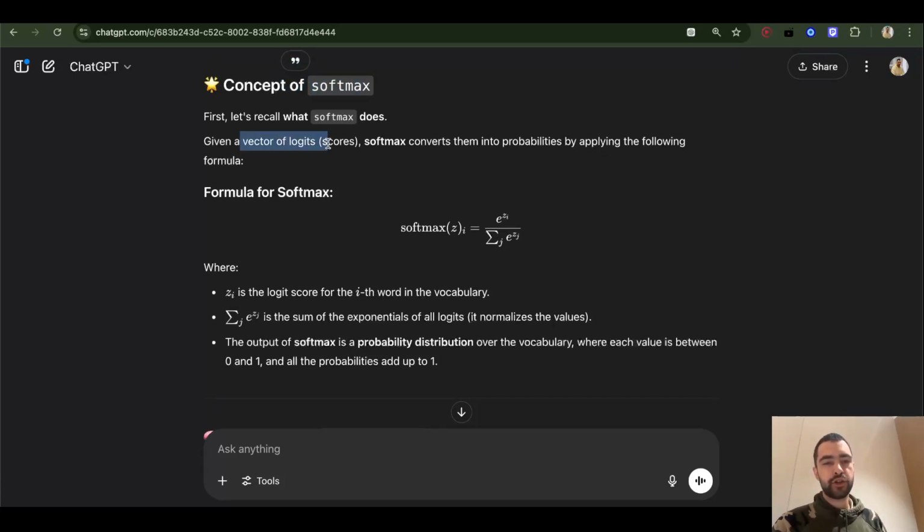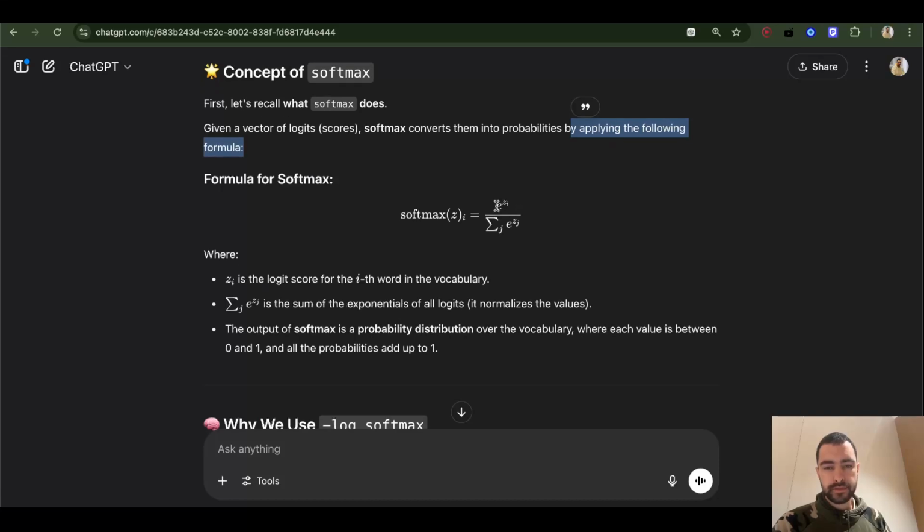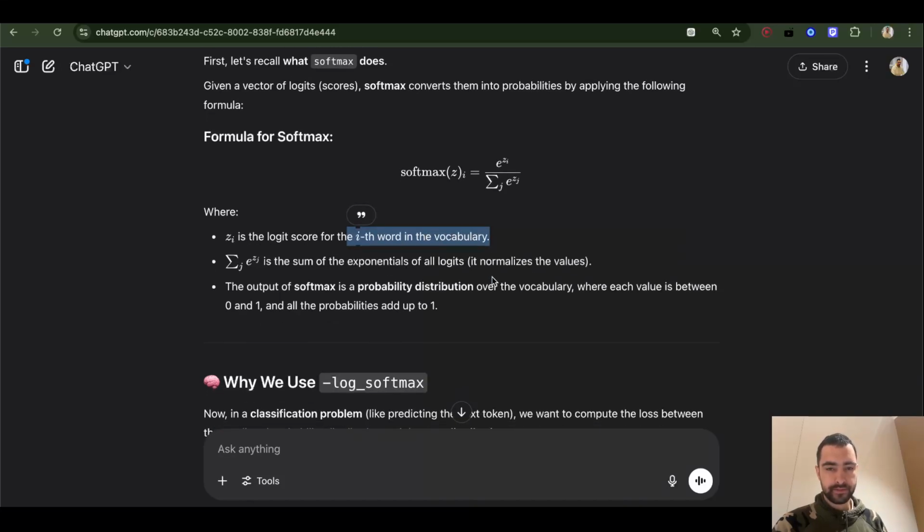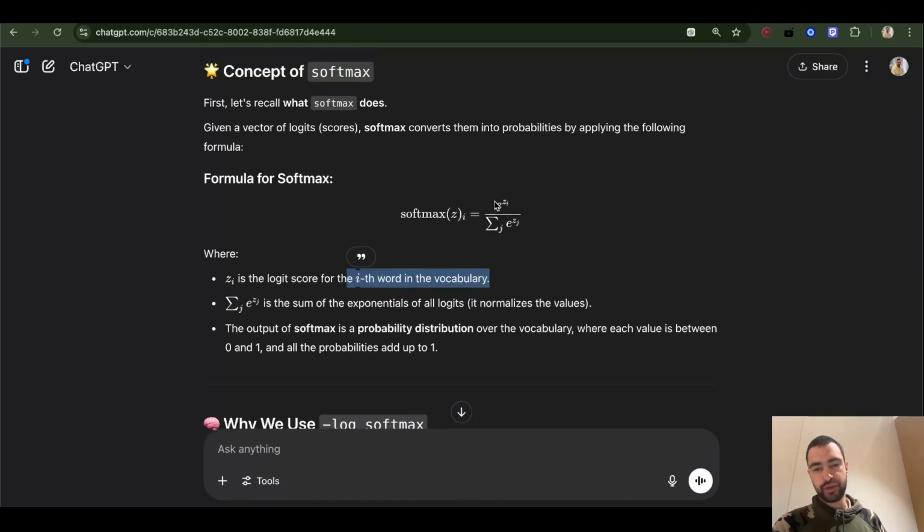Given a vector of logit scores, softmax converts them into probabilities by applying the following formula. z_i is the logit score of the ith word in the vocabulary. You take e to the logit, one by one, each of them, to calculate the probability for each of the logits.